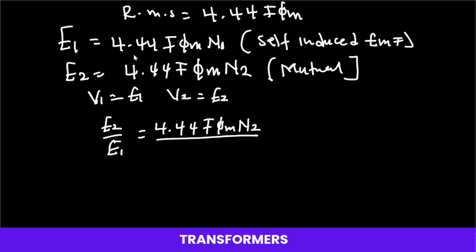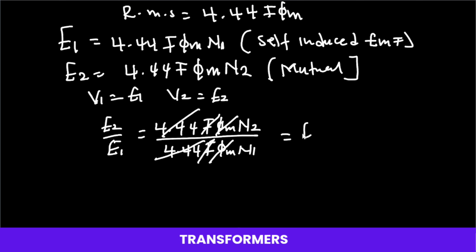E1 is 4.44 times the frequency, flux and the number of turns in the primary, which is also known as the self-induced EMF in the primary. This gives us 4.44 times the maximum flux multiplied by N1. We know the flux is constant throughout, the frequency is constant, and we have this constant parameter.